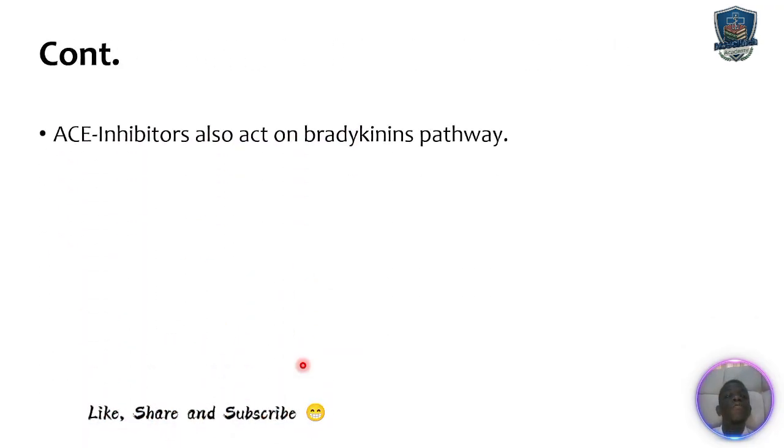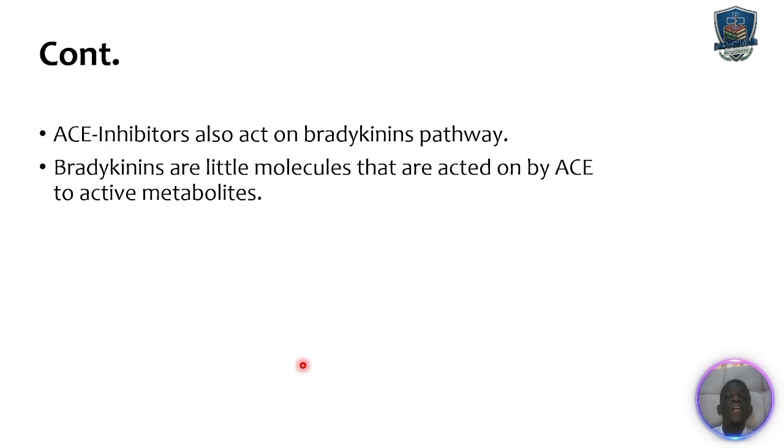Our angiotensin converting enzyme inhibitors also act on a very crucial pathway called the bradykinin pathway. The angiotensin converting enzyme is very crucial when it comes to this pathway. Bradykinins are little molecules that are acted on by angiotensin converting enzyme to form inactive metabolites. They're very cheeky molecules, and we always want to convert them into metabolites.